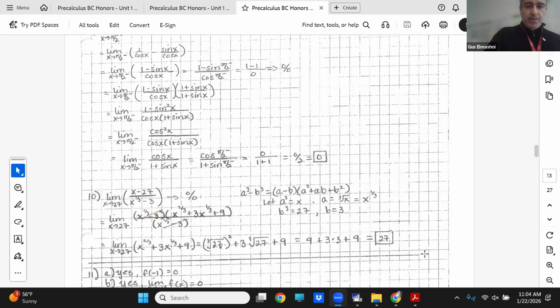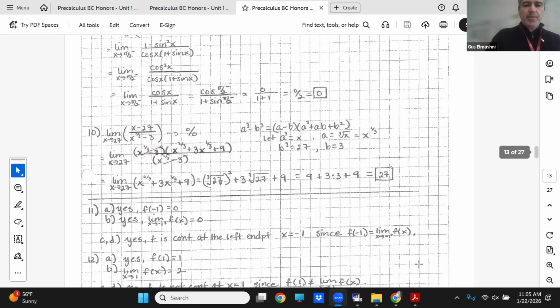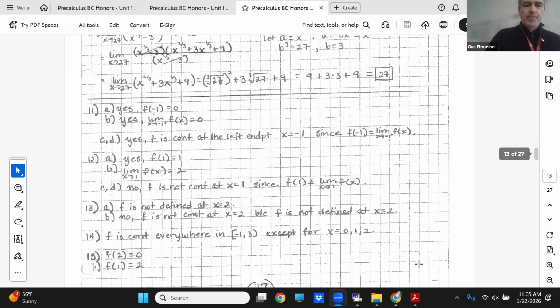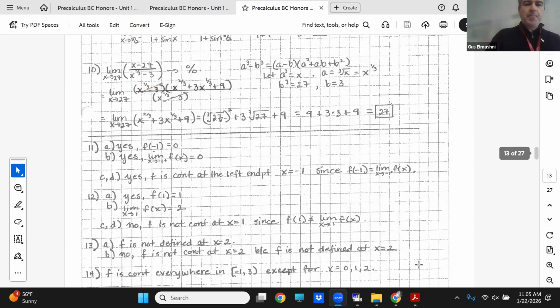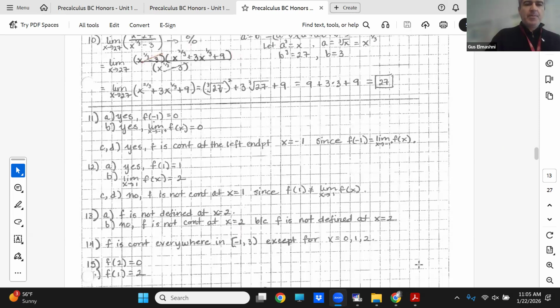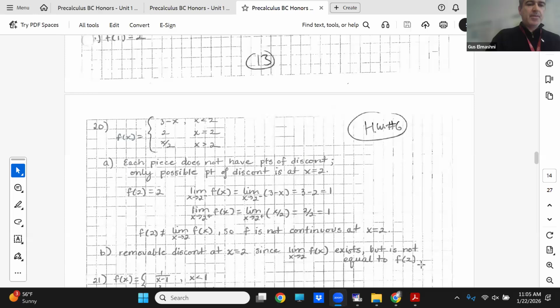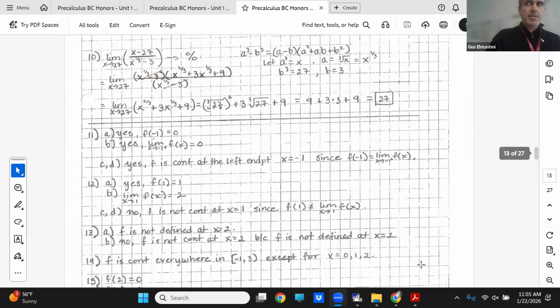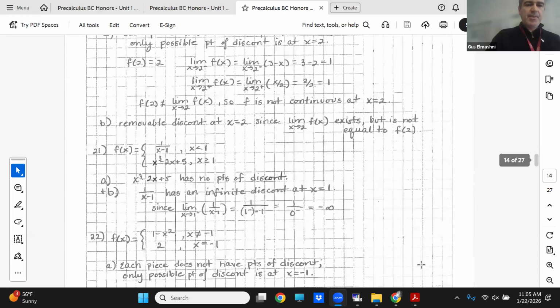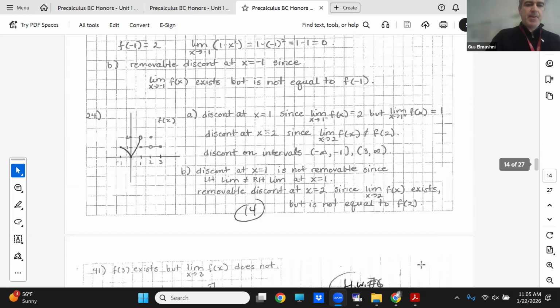Number 10, I know we haven't talked much about difference of cubes, but you can use that formula to make sense of that one. And then the rest are all in continuity, I think. Any questions on the continuity part of the homework?